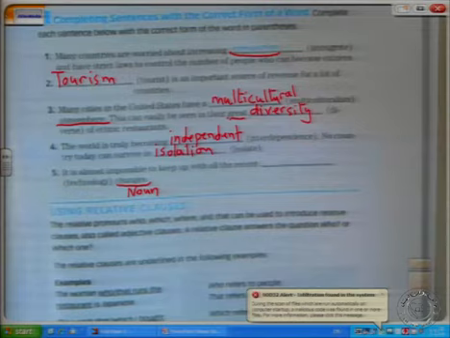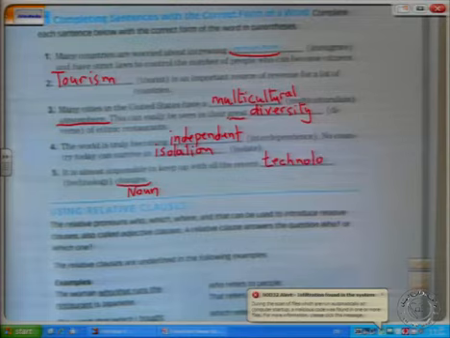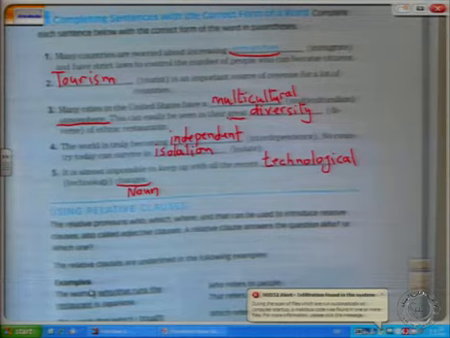So here, the adjective from the noun technology, if you remember, in the first part of this chapter, we said that the adjective is technological. So here we write technological. This is the answer to this exercise.